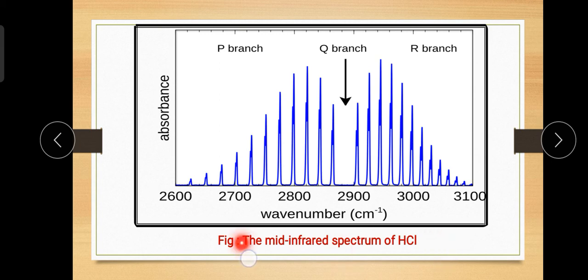This mid-infrared spectrum of HCl falls within the range 2600 to 3100 cm^-1. Here we get the two main peaks. It rises and again falls to 0, and similarly here it rises and again falls to 0, but each peak consists of two peaks, and these peaks are in the ratio 3:1.